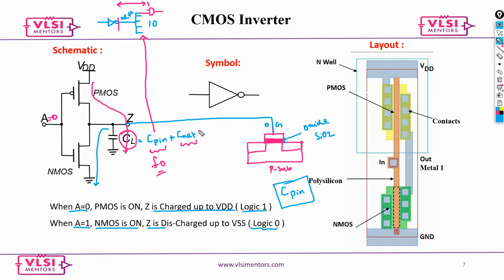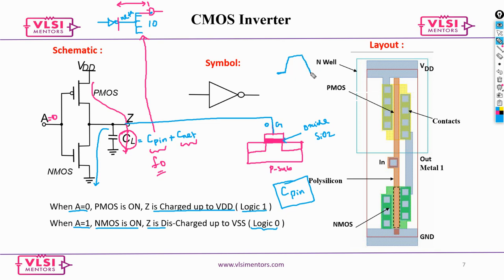So that is how your circuit operates, and the next stage gets charged, meaning the gate value, the pin over here, is pulled up to logic 1.